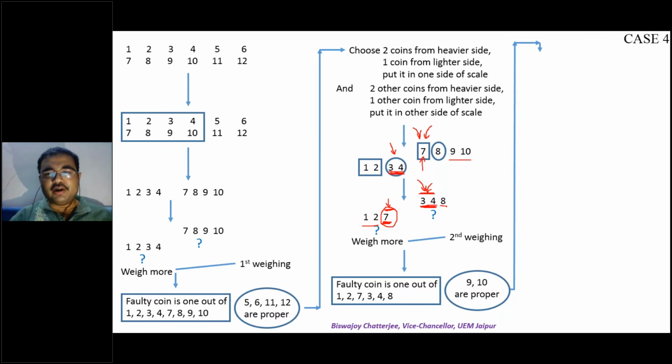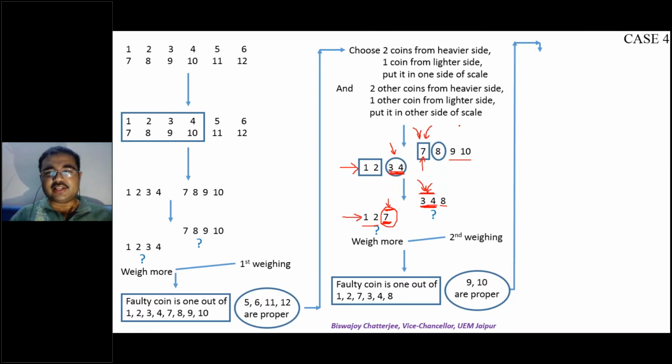Remember, here 1 and 2 are on the heavier side. Here also 1 and 2 are on the heavier side. So either 1 out of 1 and 2 is heavier or 8 is lighter.